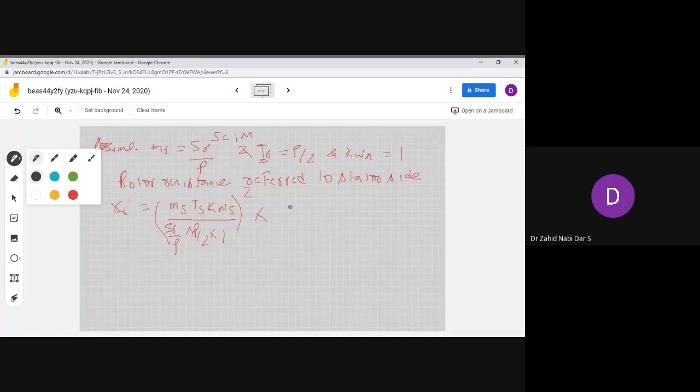Okay, here substitute equation 6. So what is equation 6?